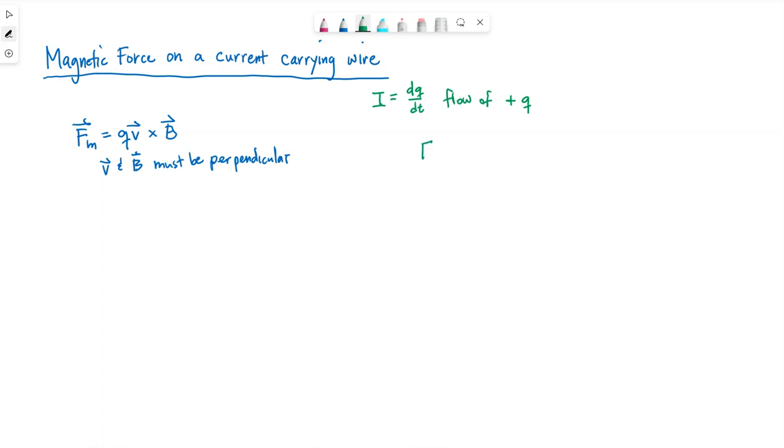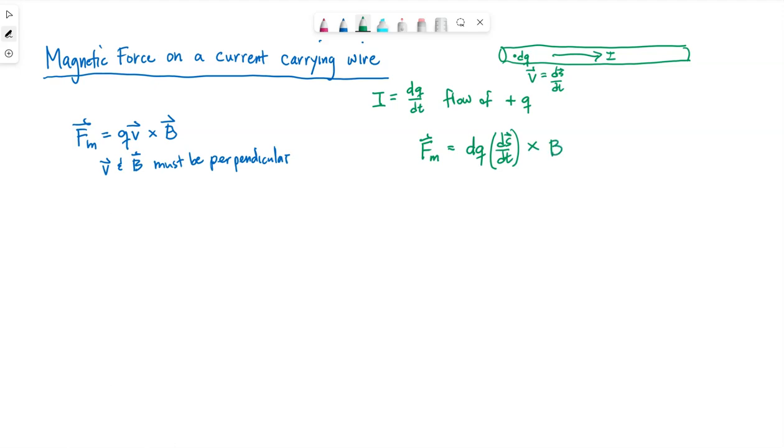So when we think about this magnetic force, q times v, in very general terms, we can think of a wire. So let's say I have a wire carrying current. Well, this is a whole bunch of little pieces of charge, dq, traveling with some velocity. Well, velocity is a derivative of position with respect to time, crossed with magnetic field.